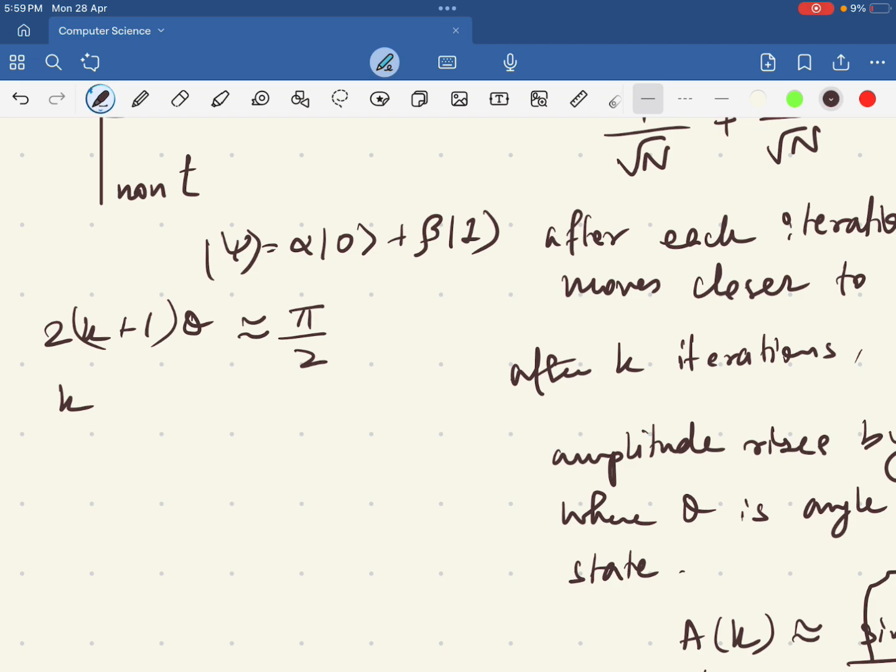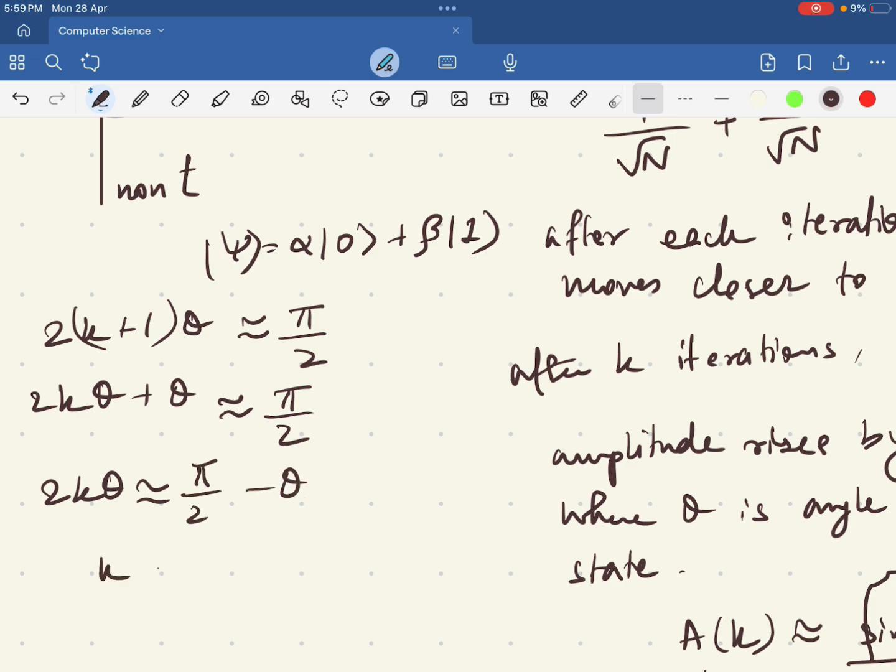So we can solve for k: 2k theta plus theta is approximately pi by 2, so 2k times theta will be pi by 2 minus theta. So k is equal to (pi by 2 minus theta) by 2 theta.